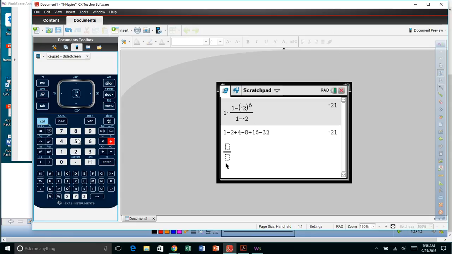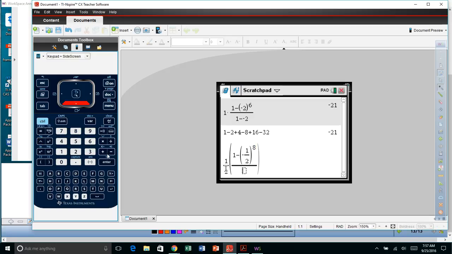Control, divide, 1 over 2, and then open parentheses, control, divide, and then we had 1 minus open parentheses, negative 1/2. Then caret, and the 8 was in there.